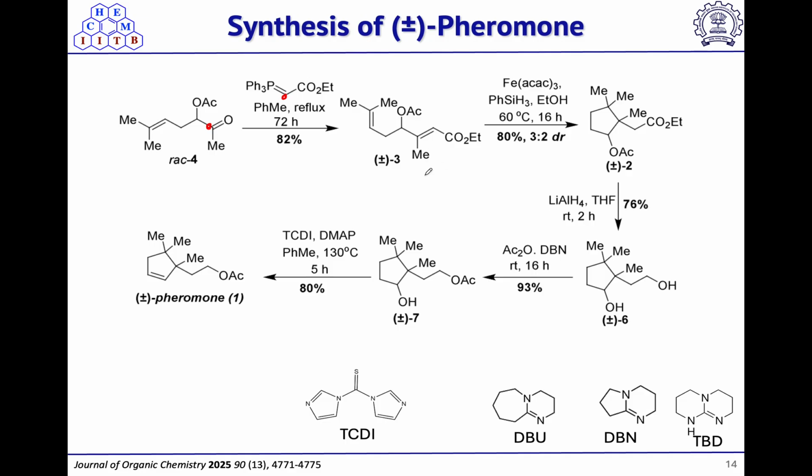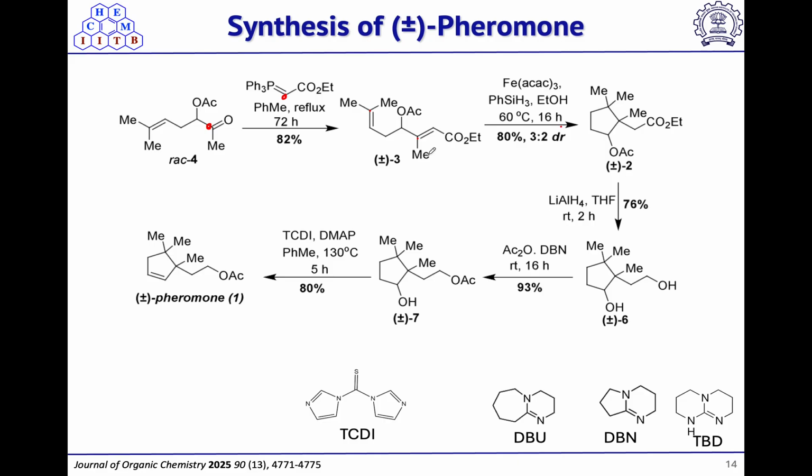Now our main key reaction is the radical cyclization reaction, using Fe(acac)3 and phenylsilane in ethanol. The radical cyclization reaction will happen between this carbon and this carbon. So it will give this compound 2.